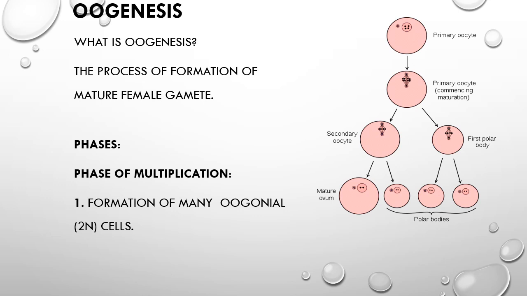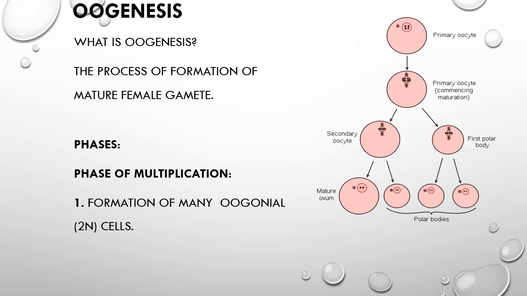The process of formation of a haploid egg or ovum from the diploid egg mother cell by undergoing meiosis in the ovary is called oogenesis.